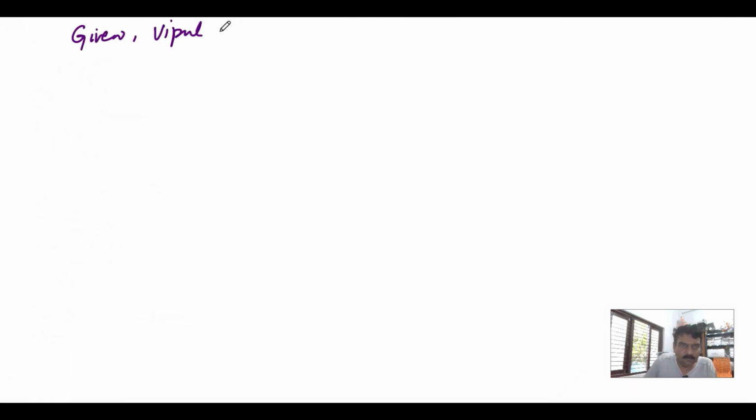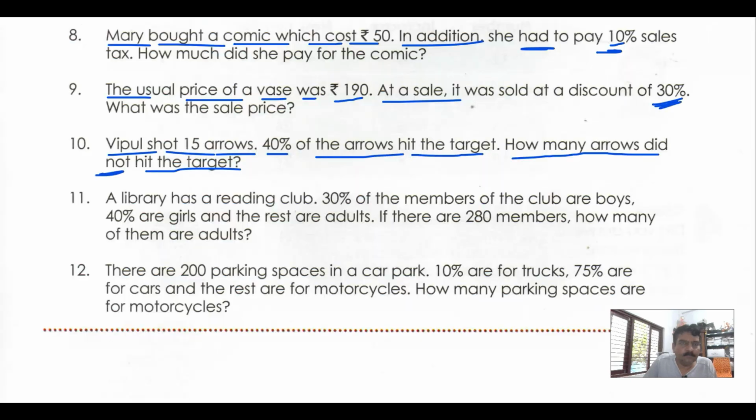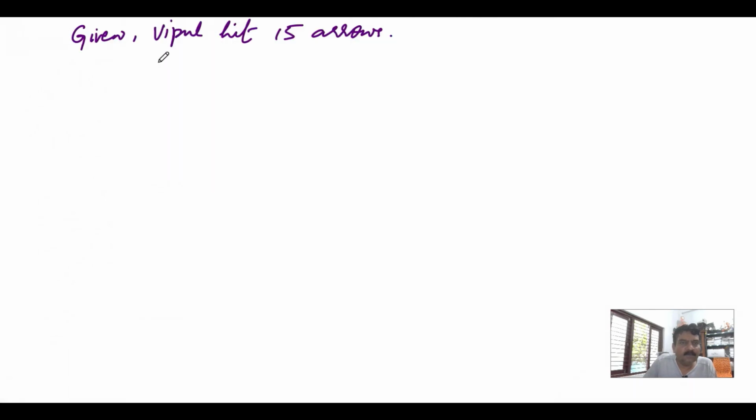Given Vipul shot 15 arrows, right? 40% of arrows hit the target.